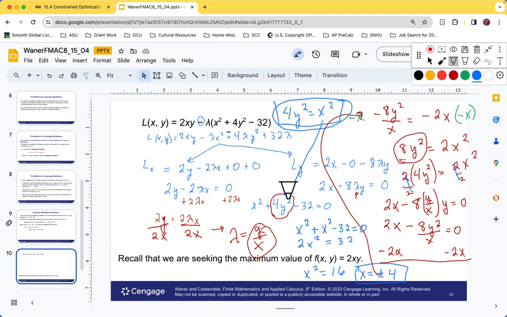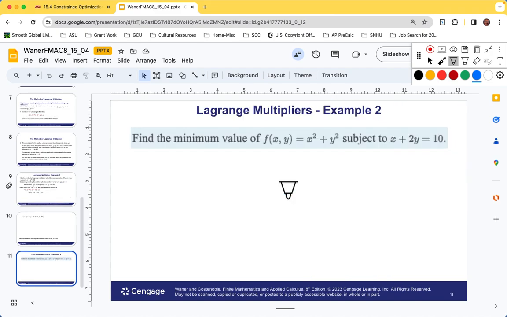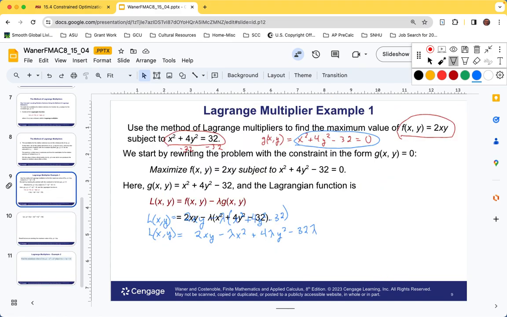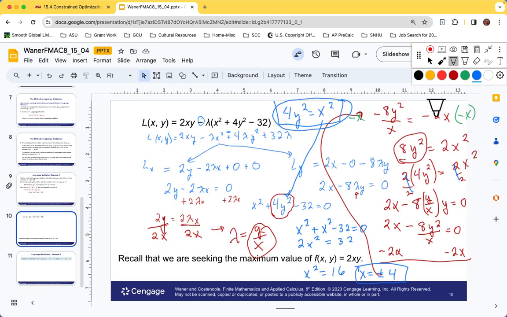From there, you plug those back into the original function, which is right here, and figure out which ones give you the max and min. I think 2 of them will give you either a max or a min, the same value. So give that a try. I'll go back and work this one from step 1 again, but I just wanted to make this a part of the recorded lesson.